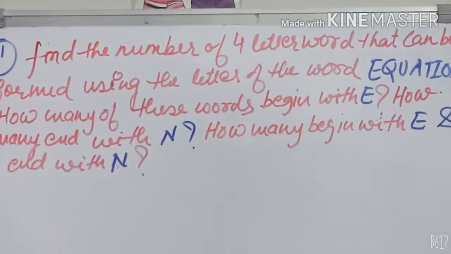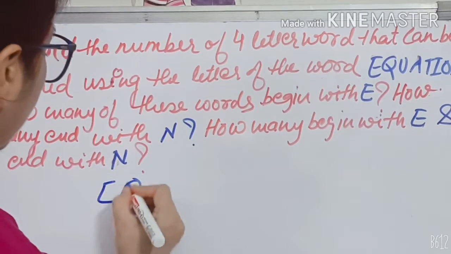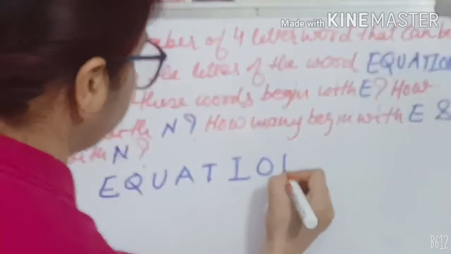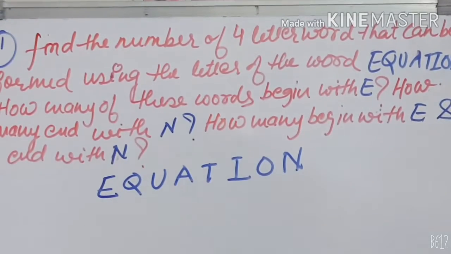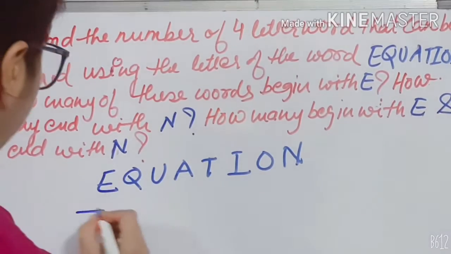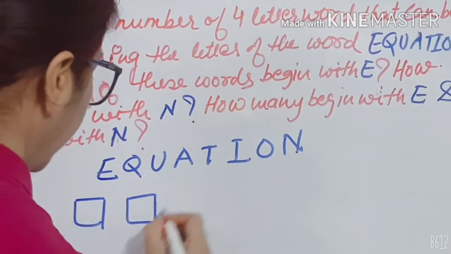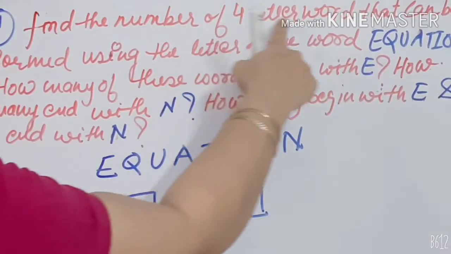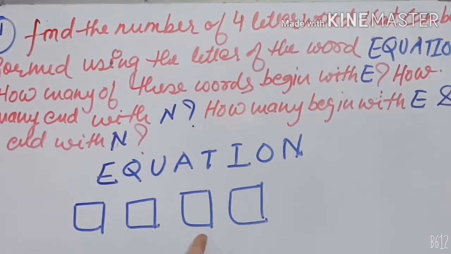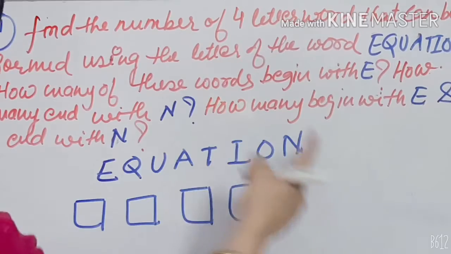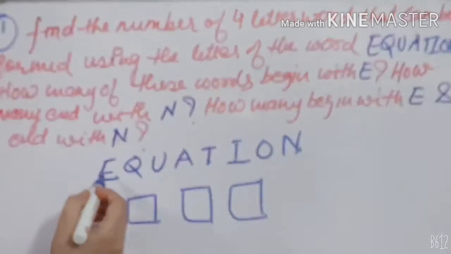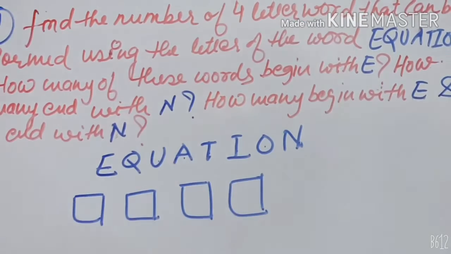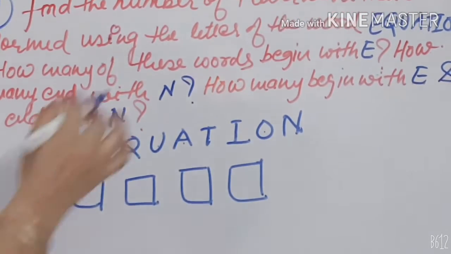Find the number of 4-letter words. See here, I am writing EQUATION. For a 4-letter word, I am making blocks to explain so that you will understand easily: 1, 2, 3, 4. Count how many total letters EQUATION has: 1, 2, 3, 4, 5, 6, 7, 8.